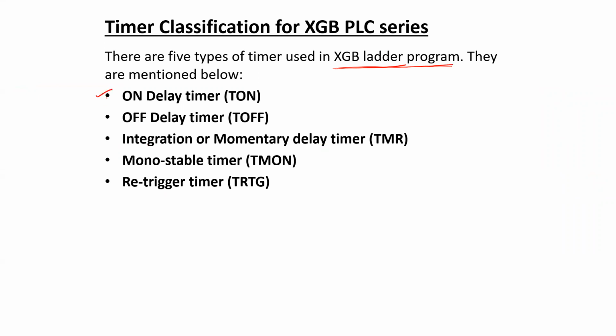They are on delay timer, off delay timer, integration or momentary delay timer, monostable timer, and re-trigger timer. And their notation that has to be used while constructing the ladder diagram, those notations are specified inside the parentheses.